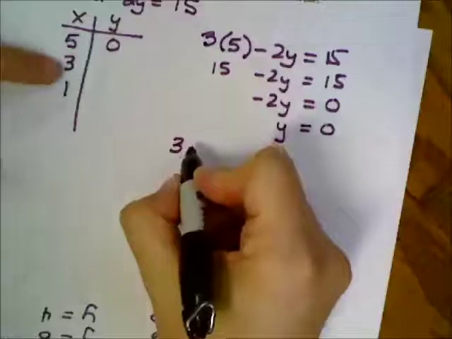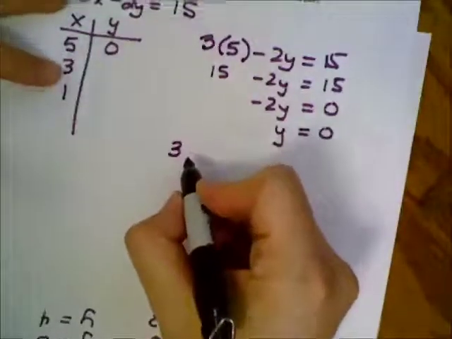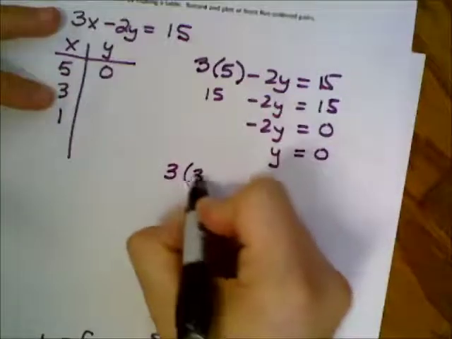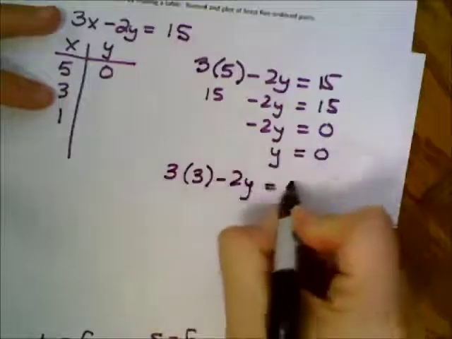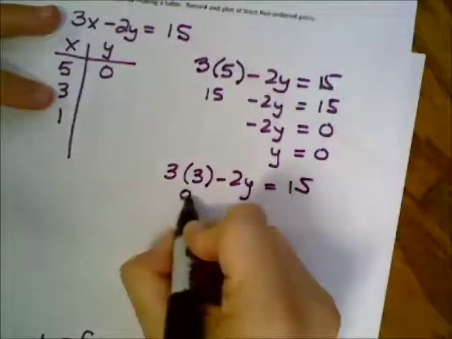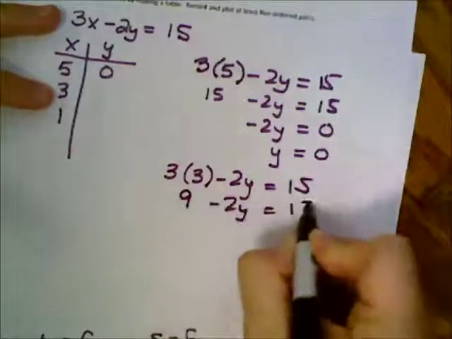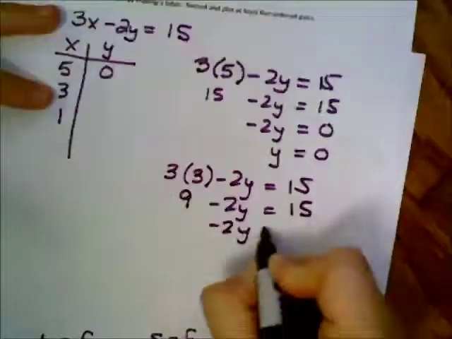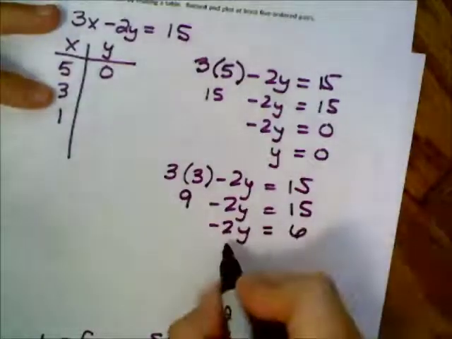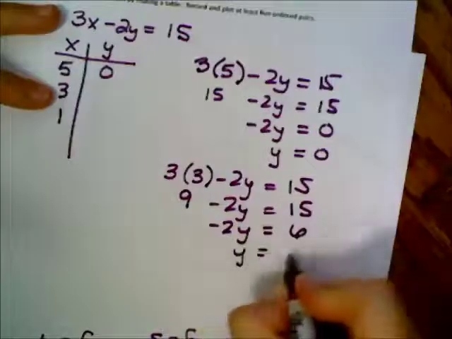Okay, let's start over again, same equation. Plug in 3 for x, simplify, try to isolate the y term, which means the final step we need to divide by -2.